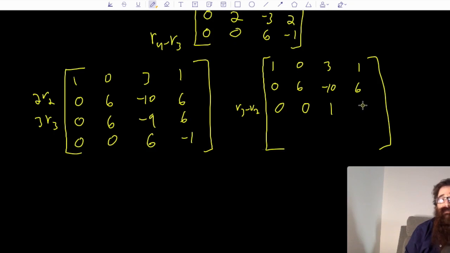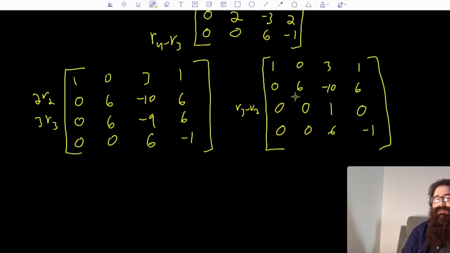And 6 minus 6 gives me a bonus 0. And I can rewrite row 4. So looking really good so far, right? Looking really good.